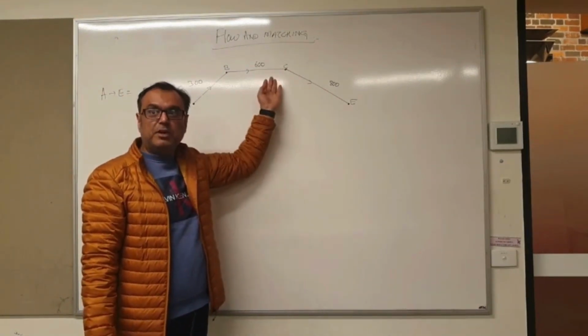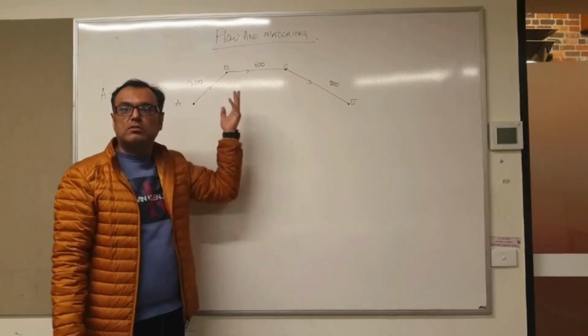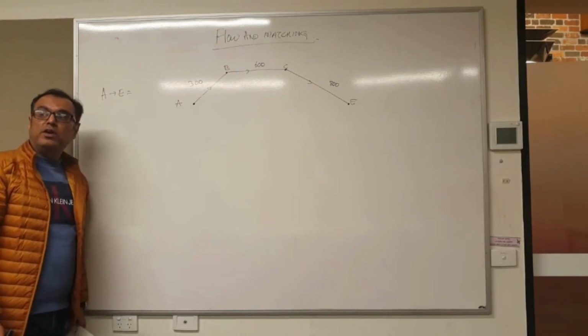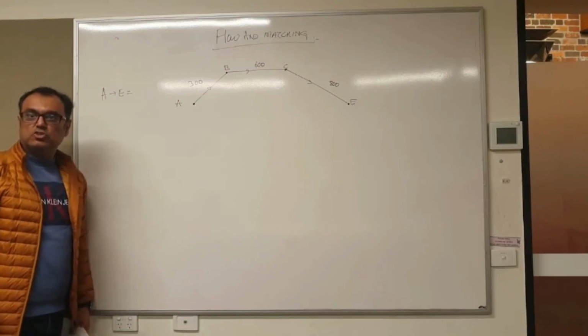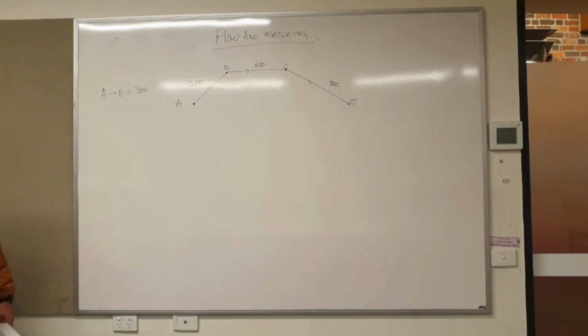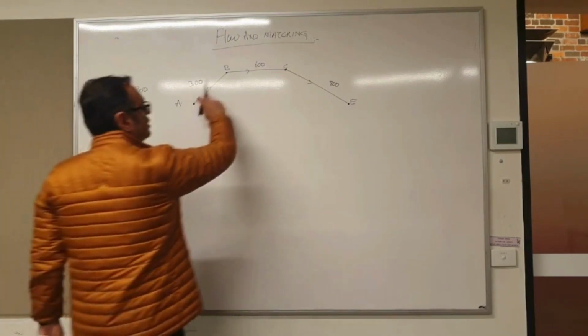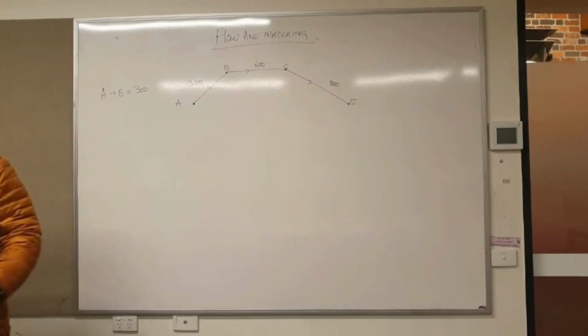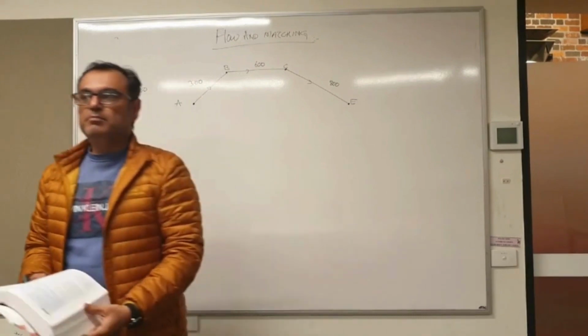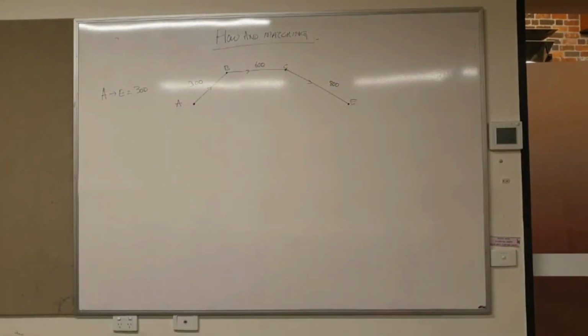No. Then? 800. 800. Why 300? Because the maximum flow equals the minimum capacity. Good job done. 300. You cannot handle more than 300 cars on this digraph. More than 300 cars cannot go past at any given point in time. Make sense? Right?